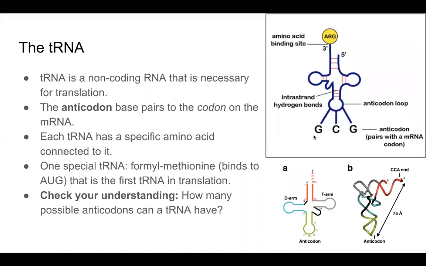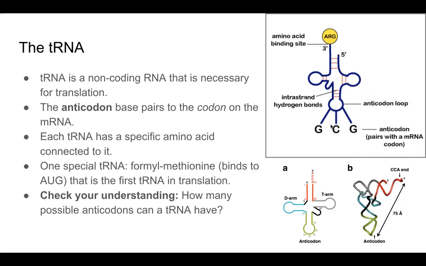The anticodon pairs to the codon on the mRNA. We know about the base pairing, that A pairs with T and G pairs with C. So if, for example, you have GCC or GCG here, then on the other side, on the mRNA strand, there'd be a C, G, and C that complementarily base pair to this.